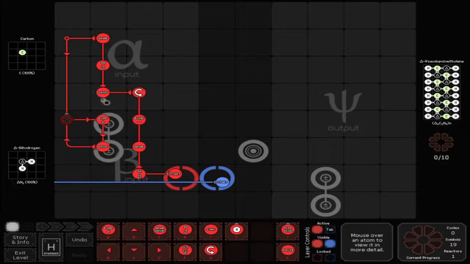And now I don't have room to... Oh, wait, no. It's going to be a weird loop around, but that should work.